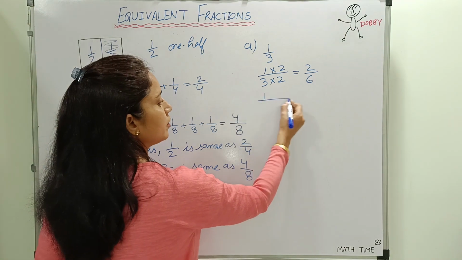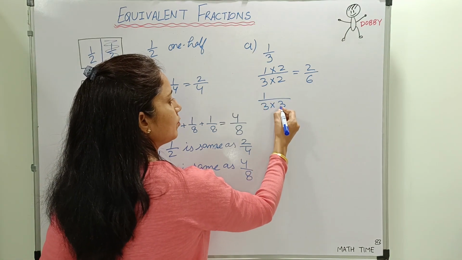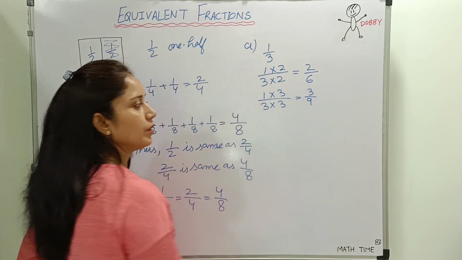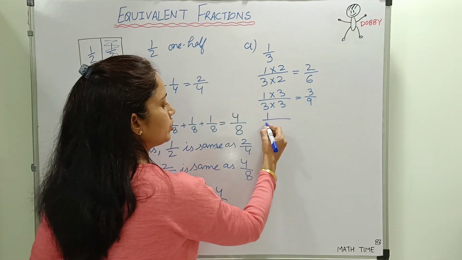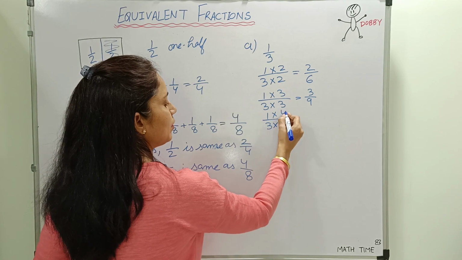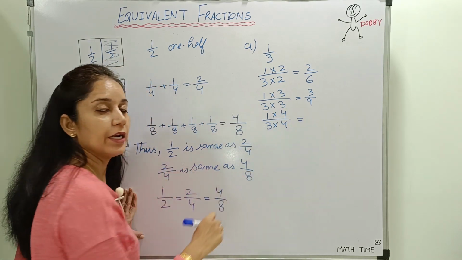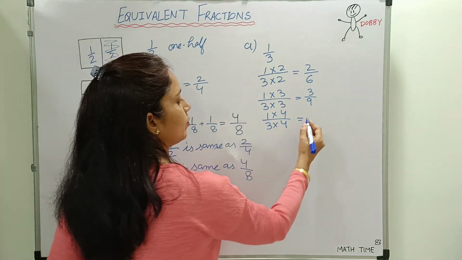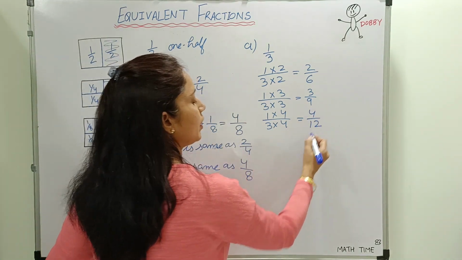For the third equivalent fraction, multiply by 3. It becomes 3/9. Fourth equivalent fraction, 1/3 multiplied by 4. Numerator and denominator both equally we are multiplying, it becomes 4/12.